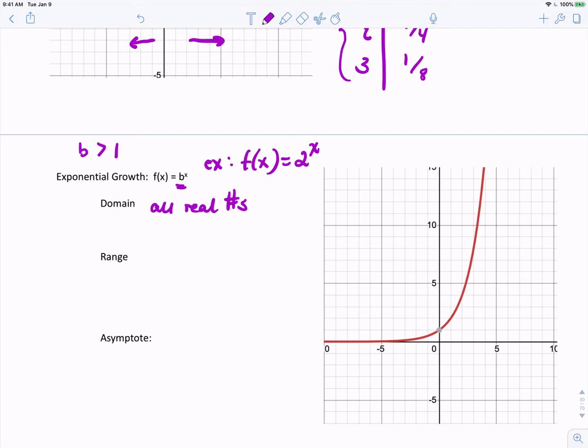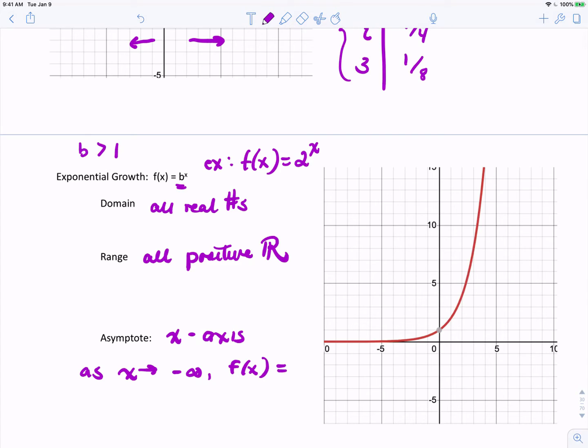For the range, when we look at our y values, the range is all positive real numbers. An asymptote is the x-axis, because as x approaches negative infinity, f of x approaches the x-axis. In other words, f of x approaches 0. And remember, horizontal asymptotes define long-term behavior.